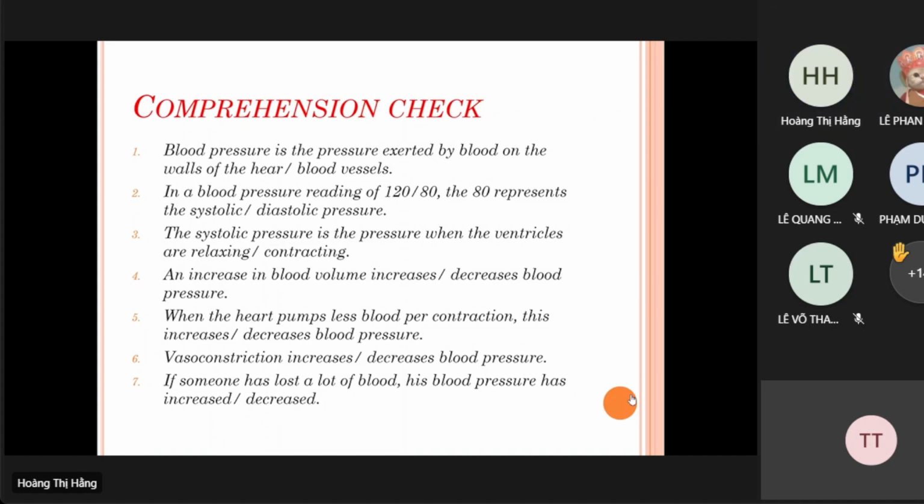Dạ, câu 1 là mình chọn blood vessel. Blood pressure is the pressure exerted by blood on the walls of the blood vessel. Ê, cô biết sai này. Heart. Đâu giỏi cho cô chút xíu.